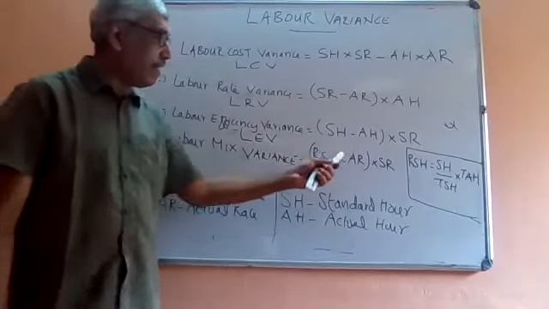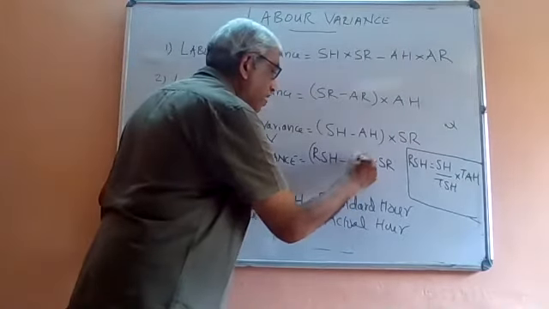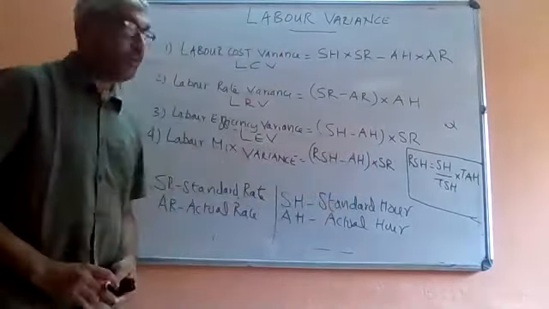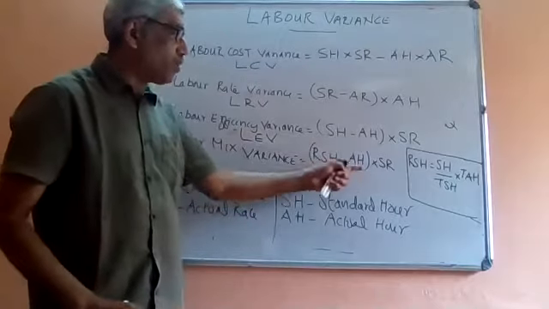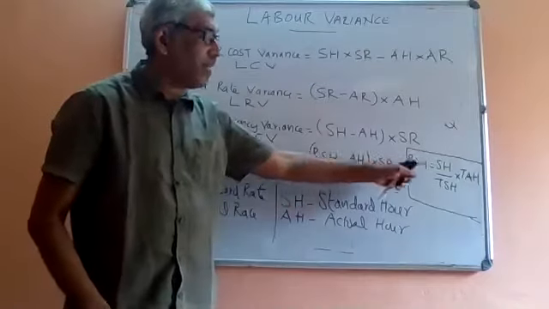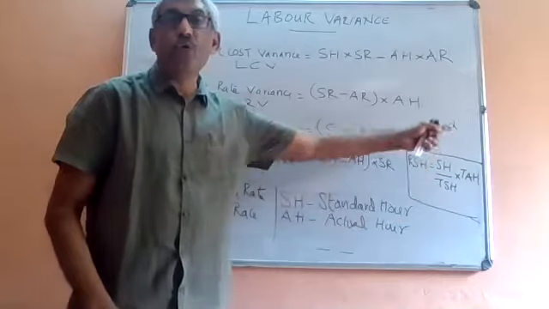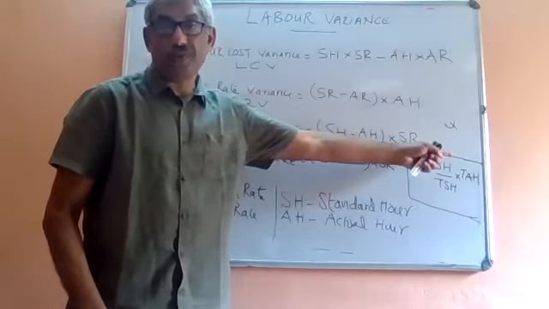So revised standard hour minus actual hour into standard rate, where revised standard hour is standard hour divided by total standard hour into total actual hours.